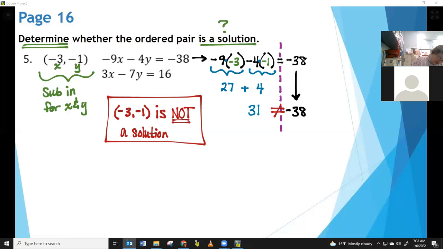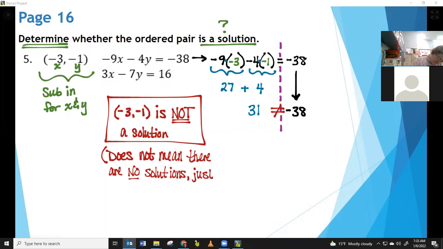But that doesn't mean that a solution does not exist. Hopefully that clarifies just a little bit.